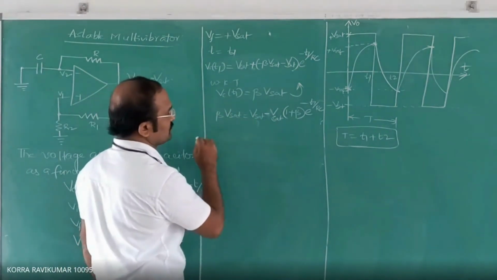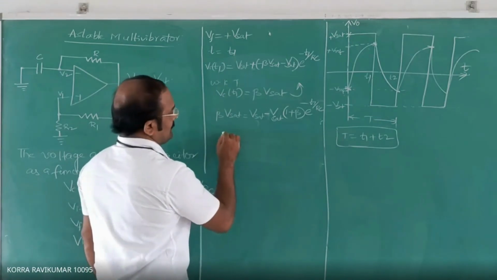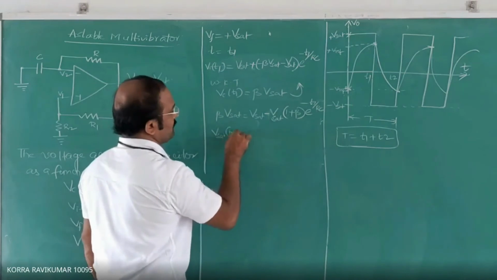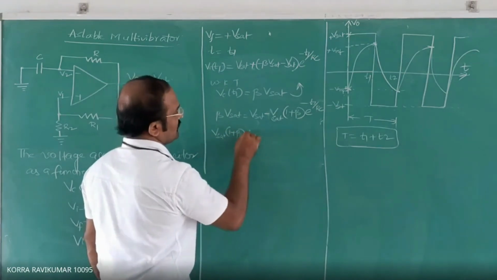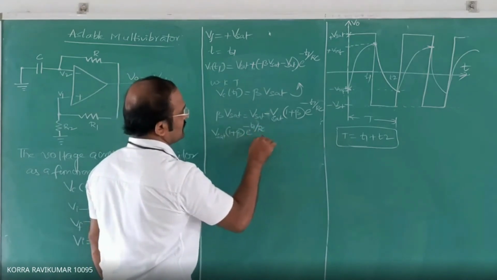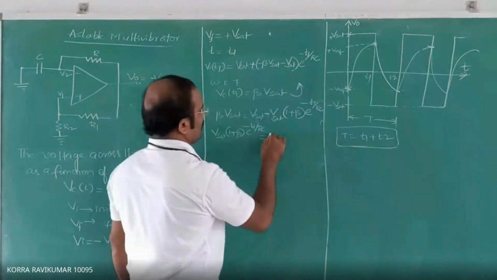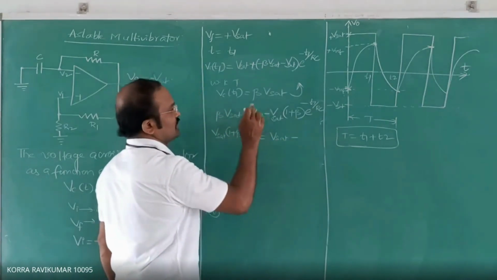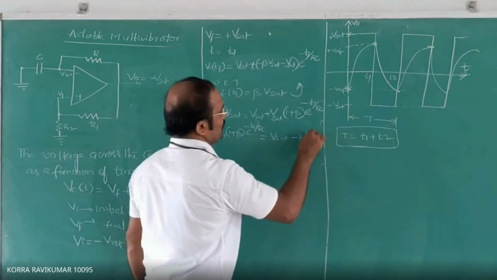Then the expression becomes V sat of 1 plus beta into e power minus T1 by RC is equal to V sat minus, send it to the RHS side, beta into V sat.